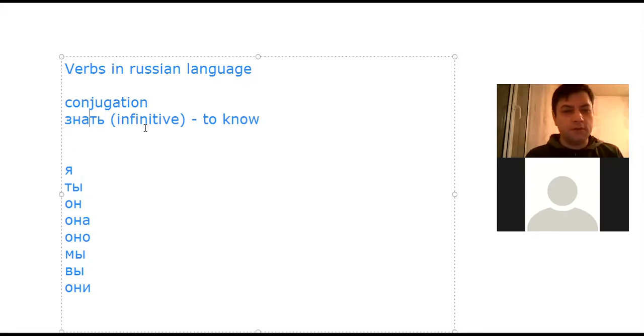I think about 95 to maybe 97% of verbs in the infinitive finish with ть, but not all. Some can finish with a different ending, like ти, which means to carry. We're not going to learn this verb today, but it is an illustration that there are differences.